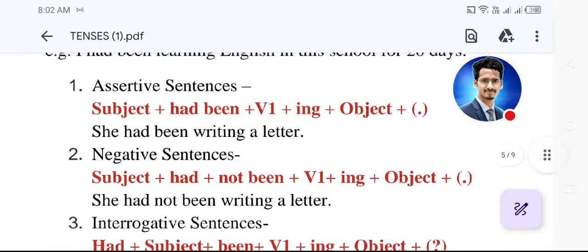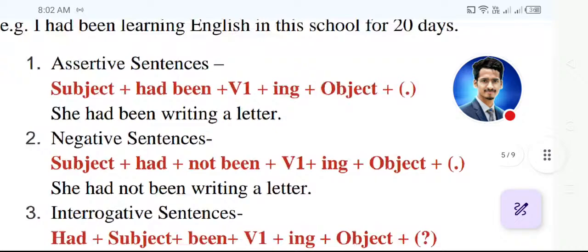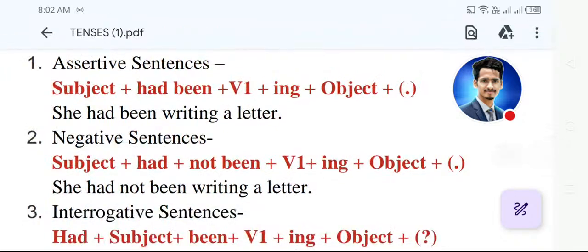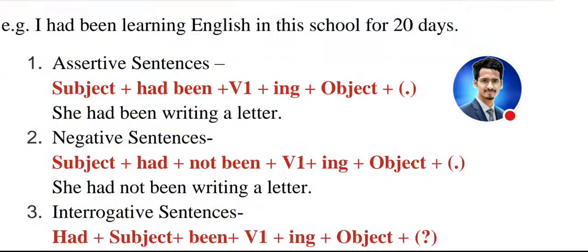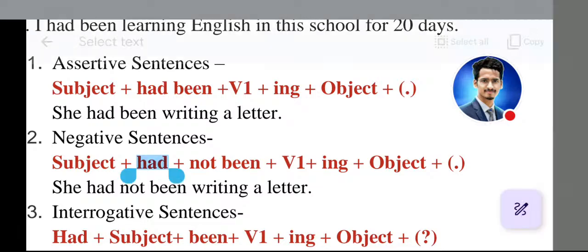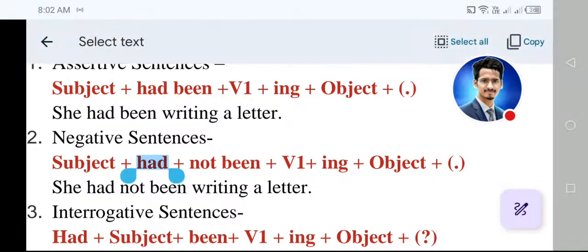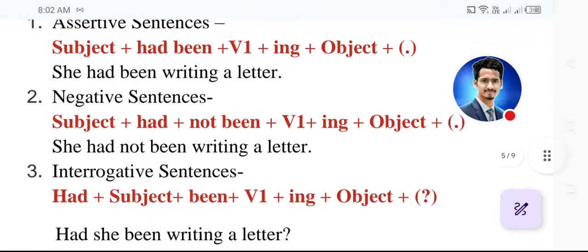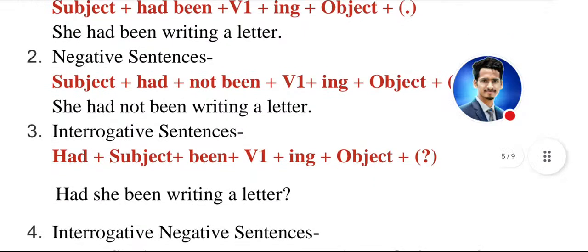Negative, how can we make negative? Very simple, as you saw before: just add not with the auxiliary verb. She had not been writing a letter. Then how can we make interrogative, which is questionable?